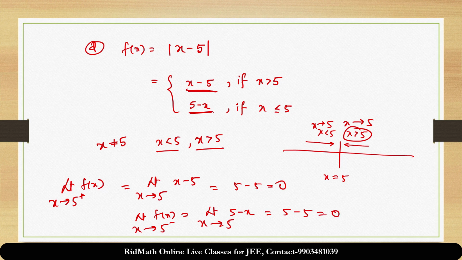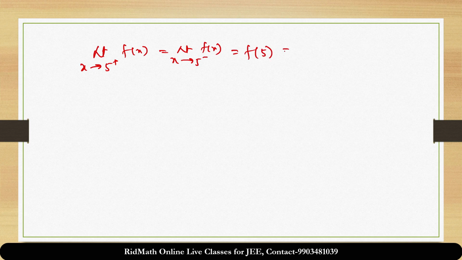And placing 5 in any of the definitions, f(5) equals 0. So clearly you can see that limit as x tends to 5 plus of f(x) and limit as x tends to 5 minus of f(x), and also f(5) is equal to 0. That means these three are equal.